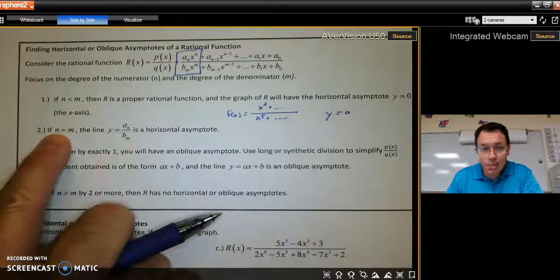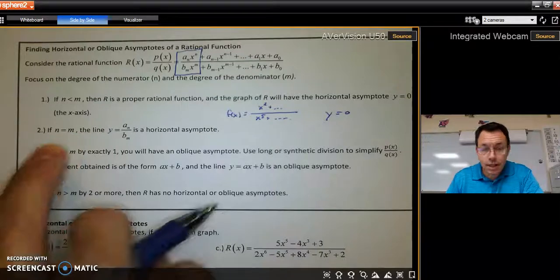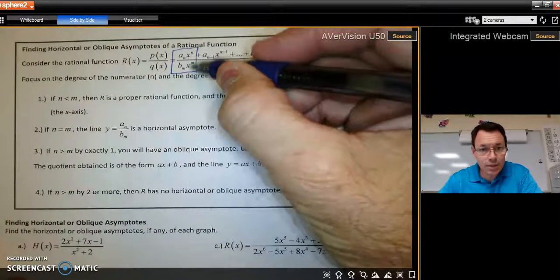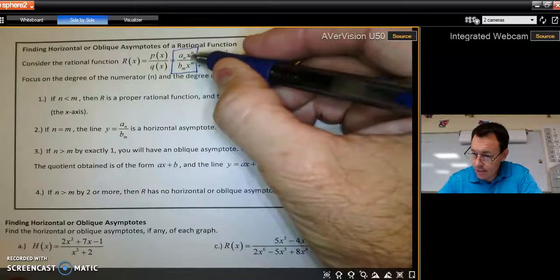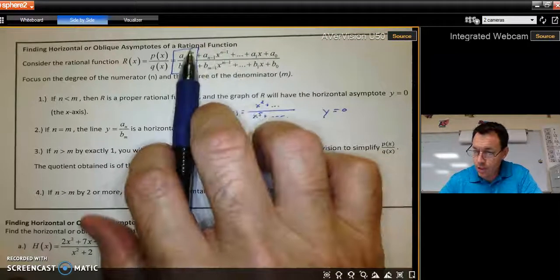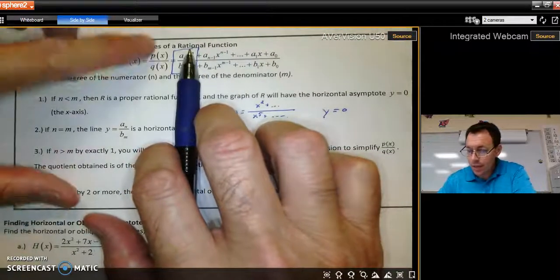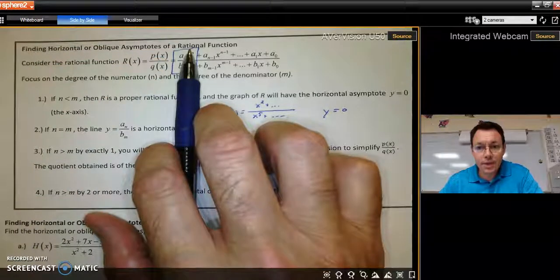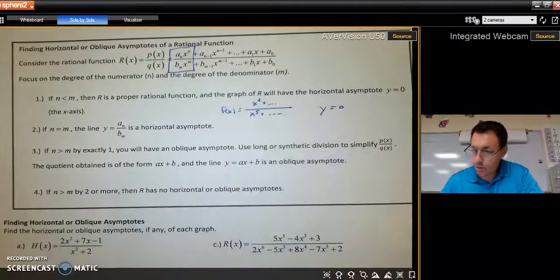If the n and the m are equal to each other, so if these two numbers are the same, pretend that they cancel each other out. If this is an x to the 4th and this is an x to the 4th, pretend they cancel each other out. And then these two numbers right here, the a over the b, that's where your horizontal asymptote is going to be.